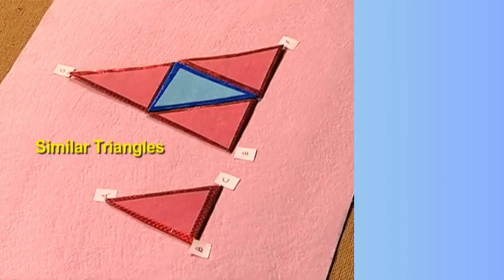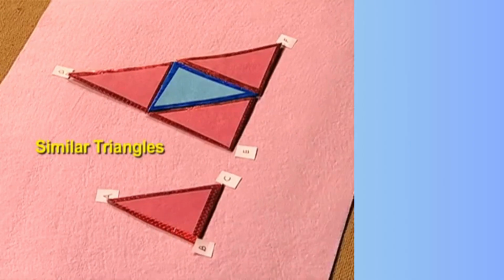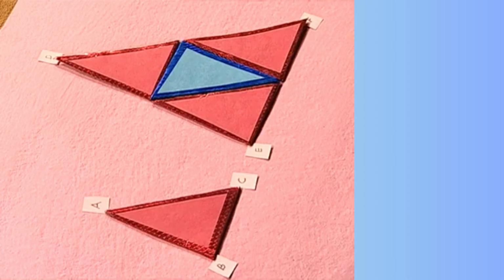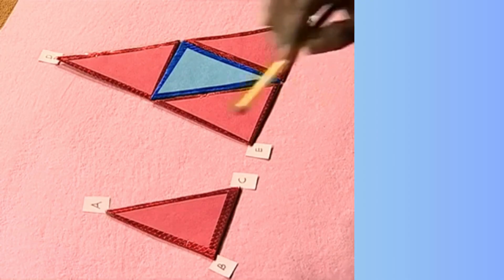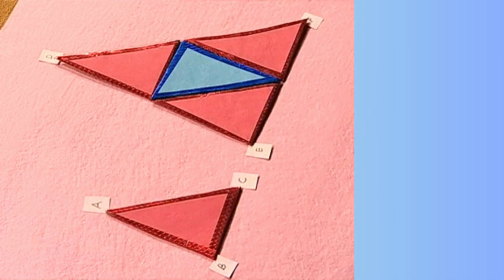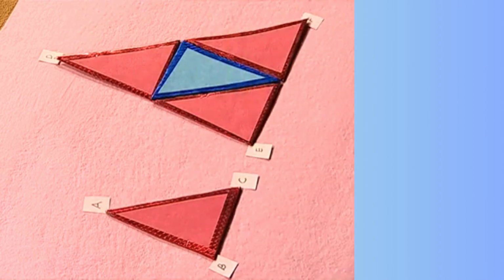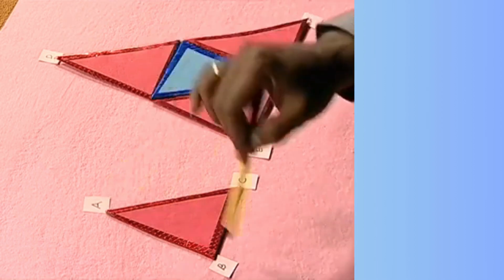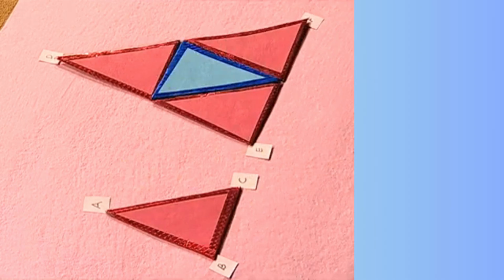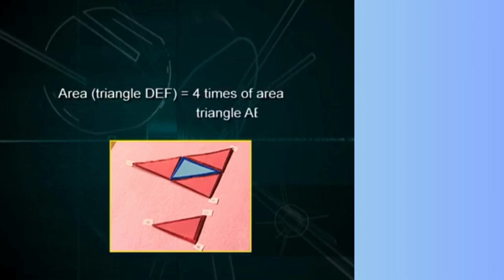Now, we shall see about their areas. The triangular region DEF is covered by the replicas of the triangle ABC. It is very clear that the triangle DEF is 4 times the triangle ABC. So, we can write that area of triangle DEF is equal to 4 times the area of triangle ABC.